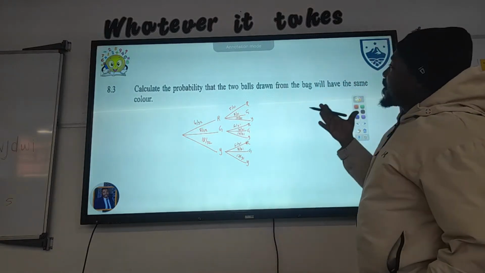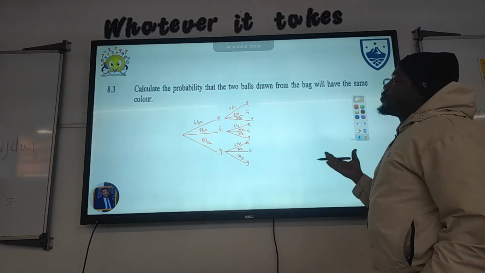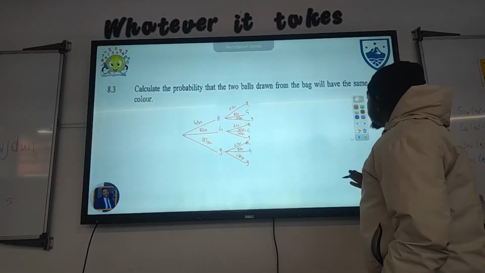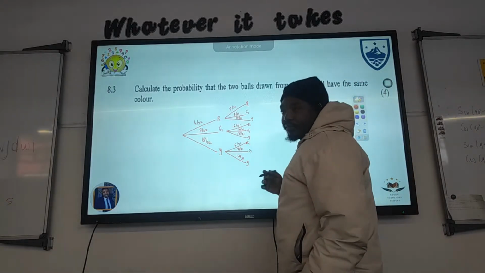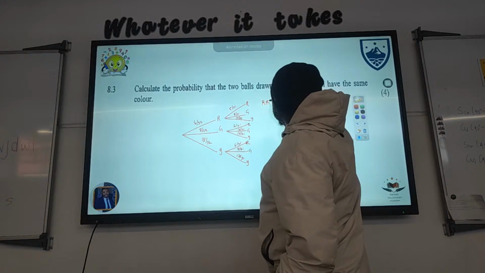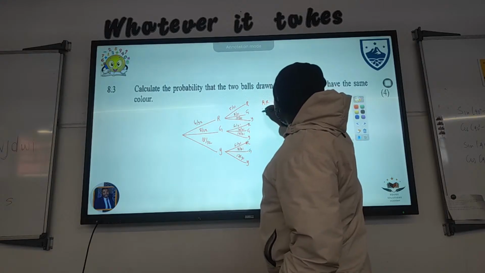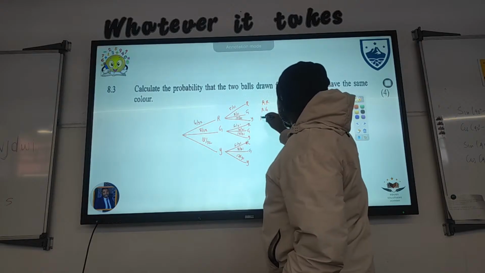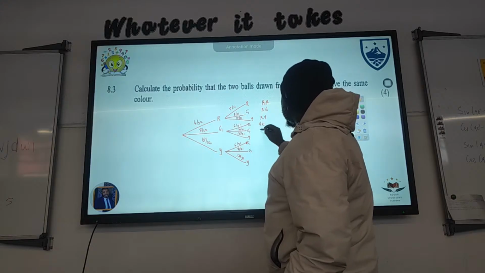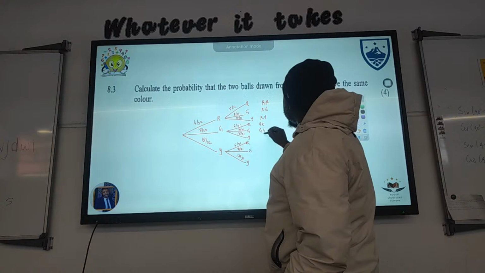So the examiner is asking, calculate the probability that two balls drawn from the bag will have the same color. So we have red and red here, same color. We have red and green from this branch, red and yellow. This will be green and red. This will be green and green.